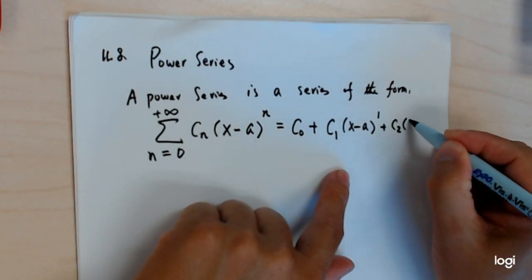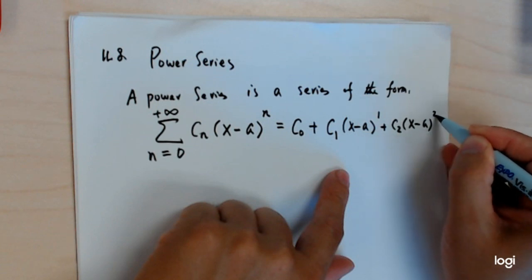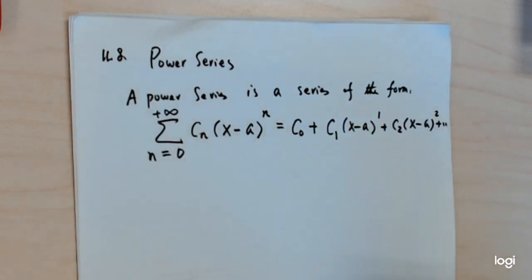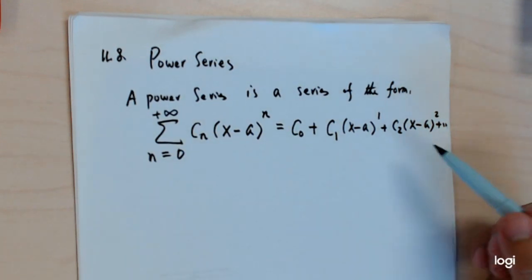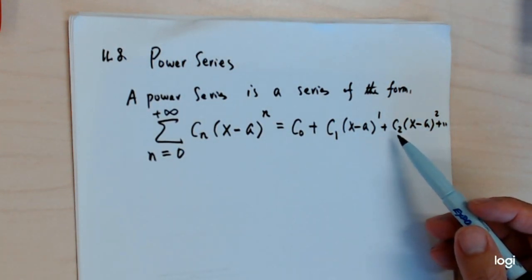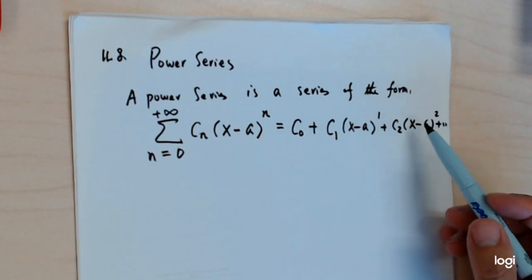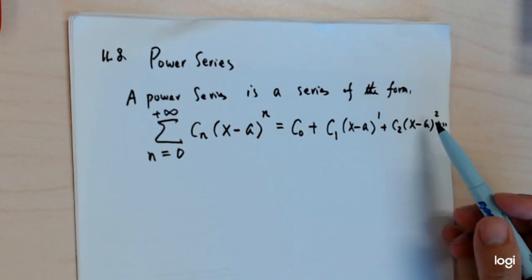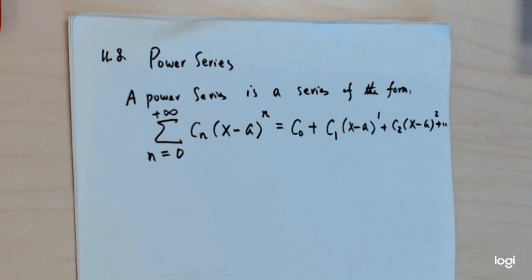C2 times x minus a squared. Now I can see the pattern. Each term has this coefficient in the front, and each term looks like x minus a raised to some power, and this power keeps rising. So that's the power series.